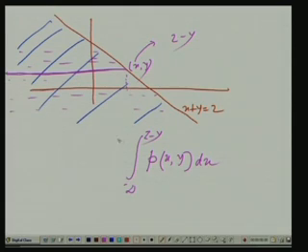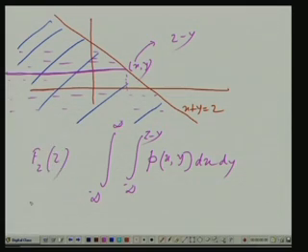And then I have an outer integral with respect to y, which will go from minus infinity to infinity, dy. So, this entire integral is a function of z only, and that will be equal to F_Z(z). This z is the given z.